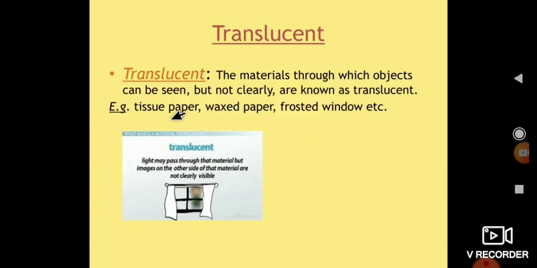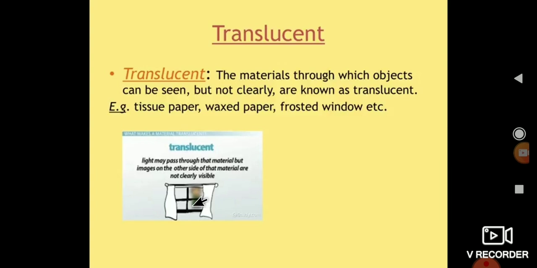For example, tissue paper, waxed paper and frosted window are examples of translucent materials. Here in these materials objects can be seen but not clearly, so such materials are called translucent materials.